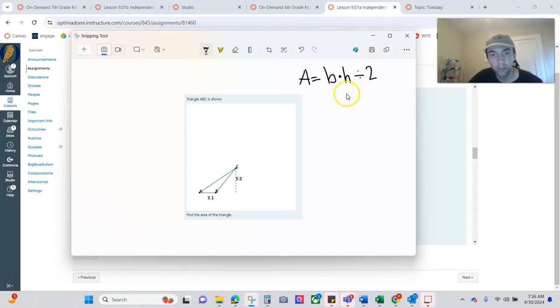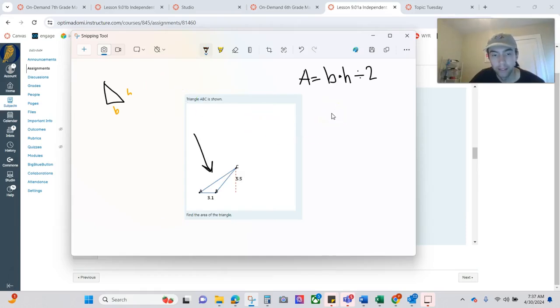We can use this formula because all triangles, regardless of what they look like, even silly looking obtuse triangles, are half of a square. So if we find the area of the square, base times height, then divide by 2, we get the area of a triangle.